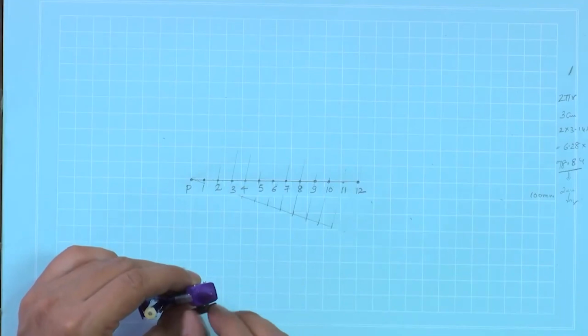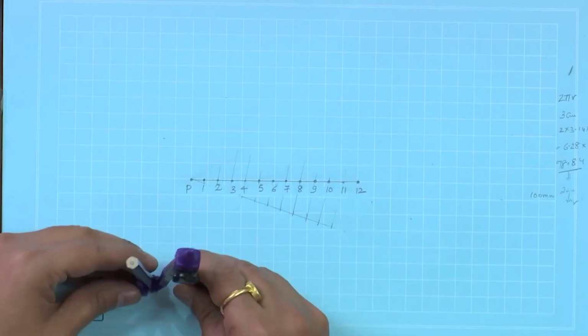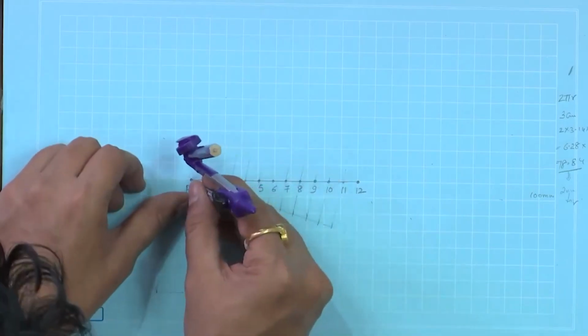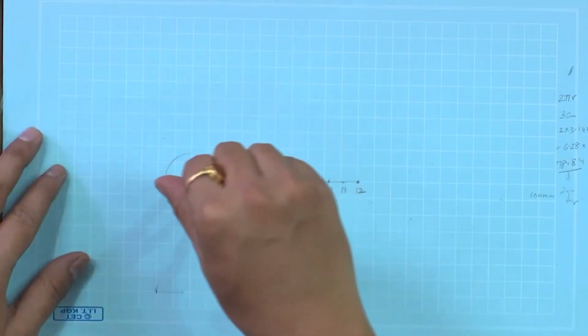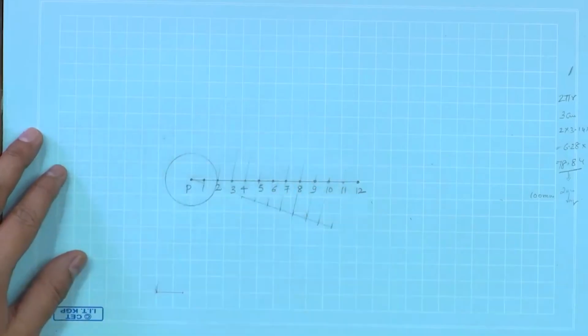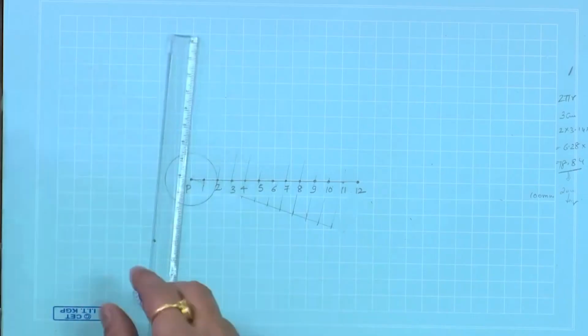So, use this length. Draw a circle from point P, divide this circle into 12 equal parts.